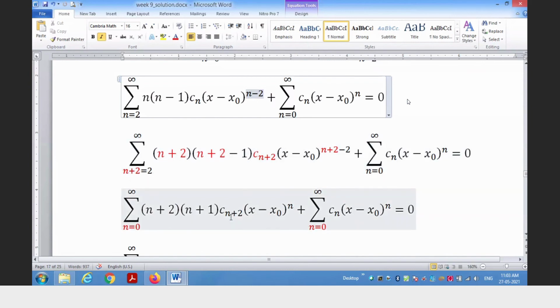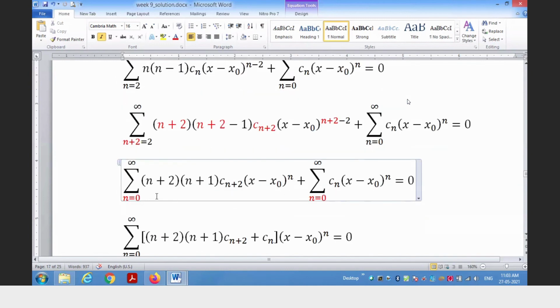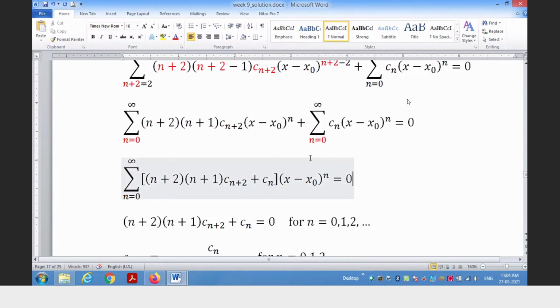Then C n plus 2, x minus x naught to the power n plus 2 minus 2, which becomes n. This one remains unchanged. Now you see that the powers are the same and the index is also the same. So we can combine these two summations. It becomes n plus 2 times n plus 1 times C n plus 2.